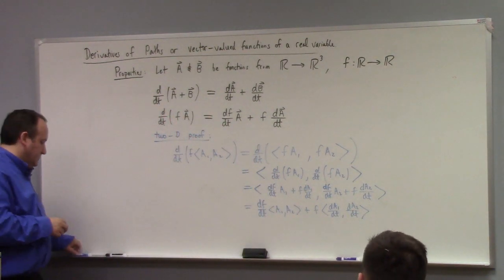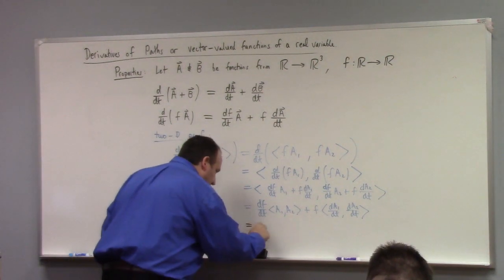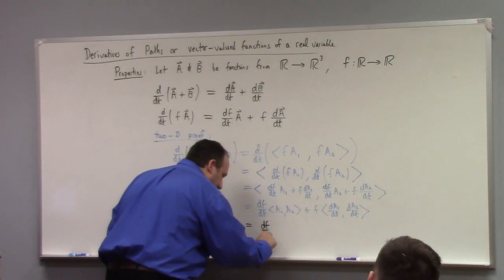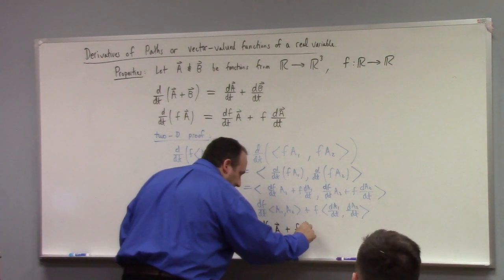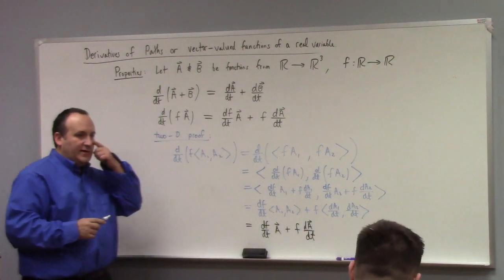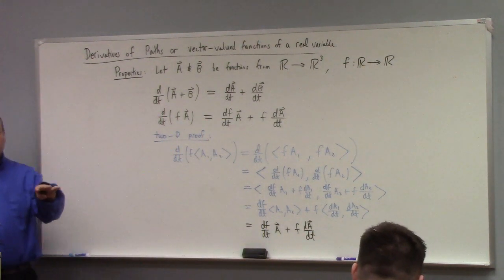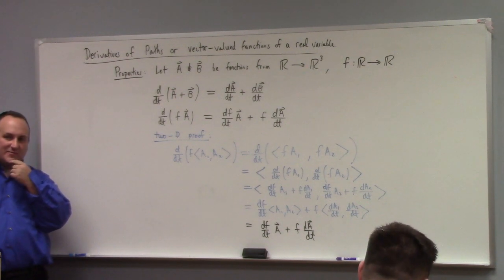And what's that? Well, you're looking at df/dt times a vector plus f times dA/dt. Now, you said you could just pull f out, right? That's absolutely true as an identity if what? What does it take to just pull f out of the derivative? f is not a function of t.